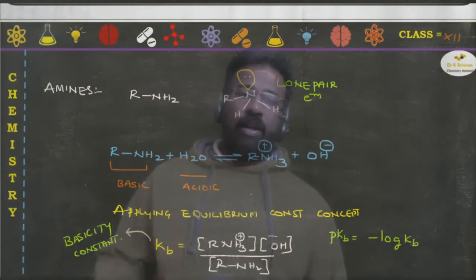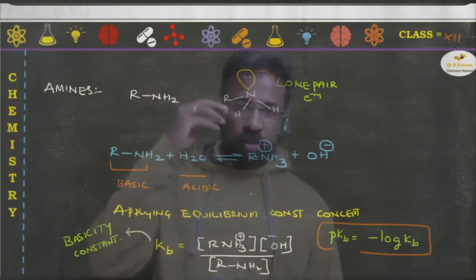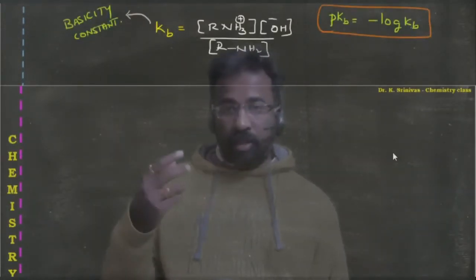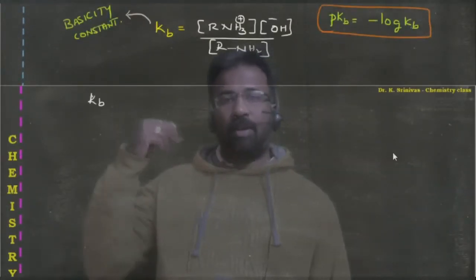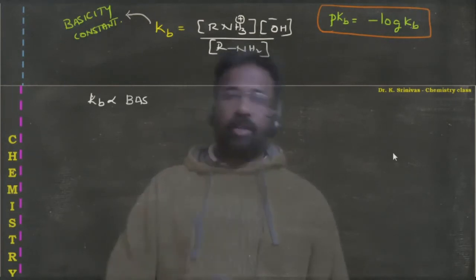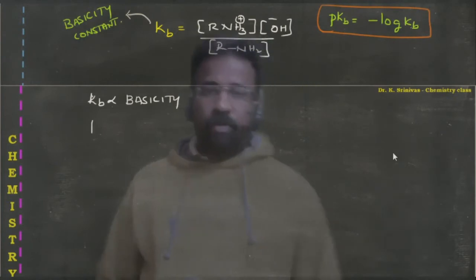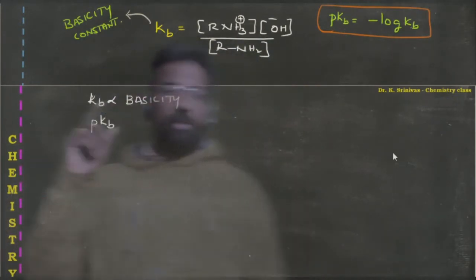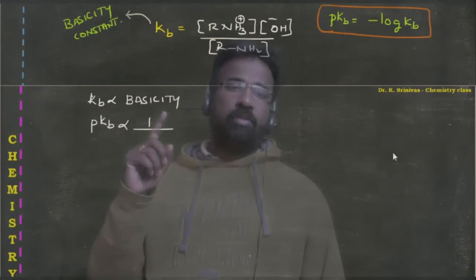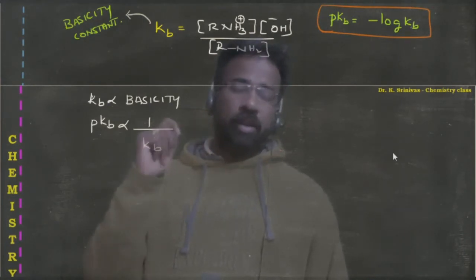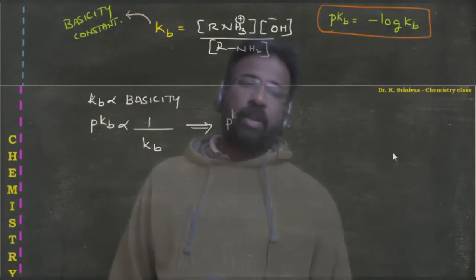Moreover, we have one small piece of information in our mind, that is the pH value. pH is the negative log of H plus. The same thing we use in this case: pKb is equal to minus log Kb. From this, Kb is directly proportional to basicity, whereas pKb is inversely proportional to Kb.